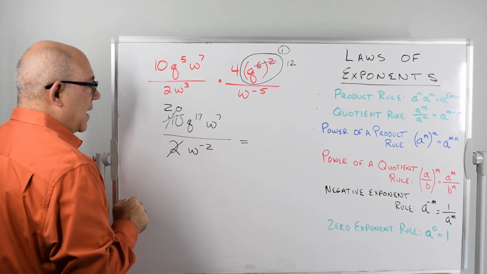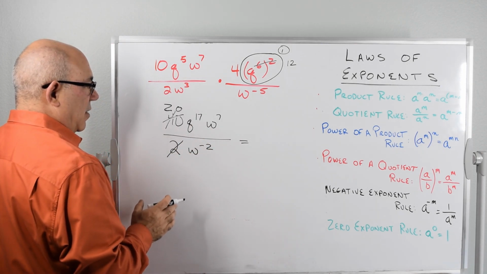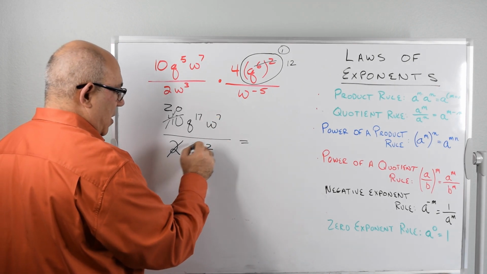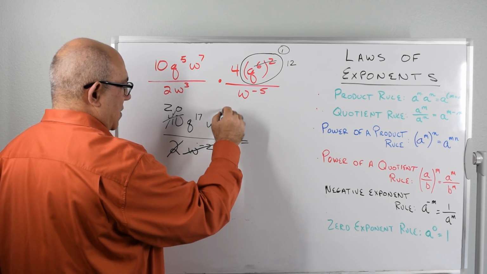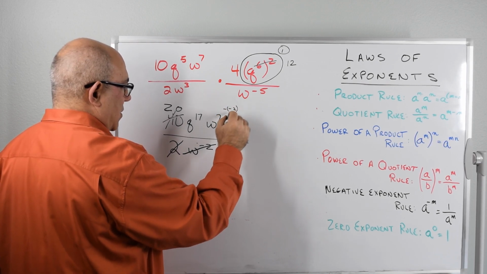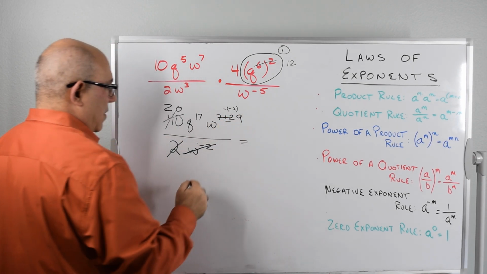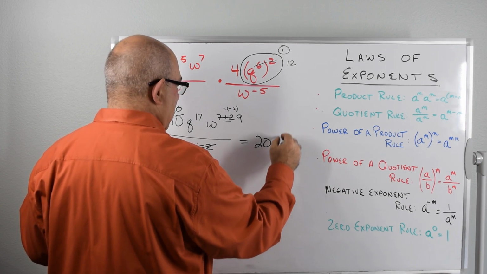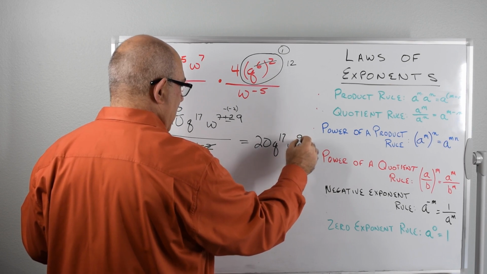Now we have q to the 17th. There's nothing in the numerator, but we have to take this 2 and bring it up here, so we can cross this out, and we can just add 2 to this, which is a -2, which is +2, and that becomes the 9th. So now you have 20 q to the 17th w to the 9th, and you got it.